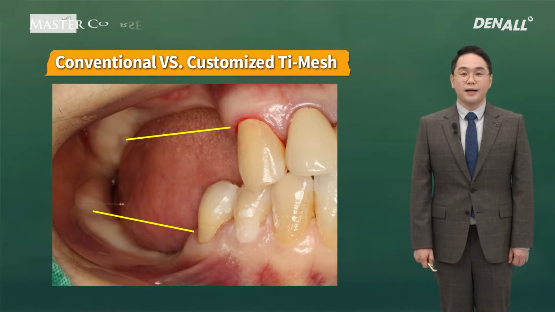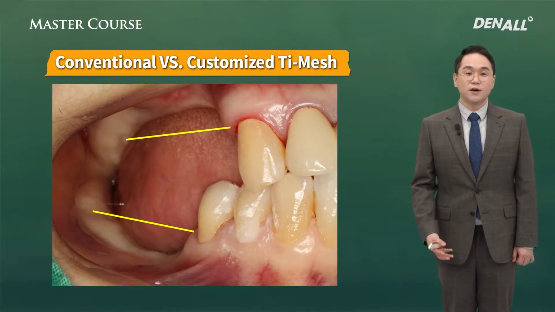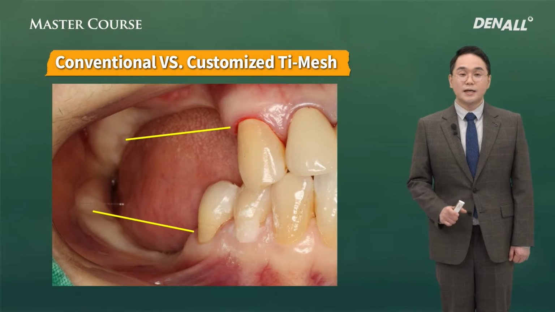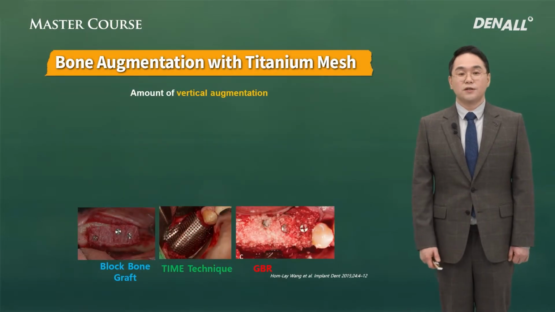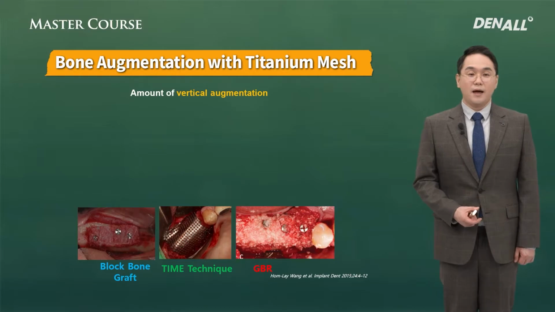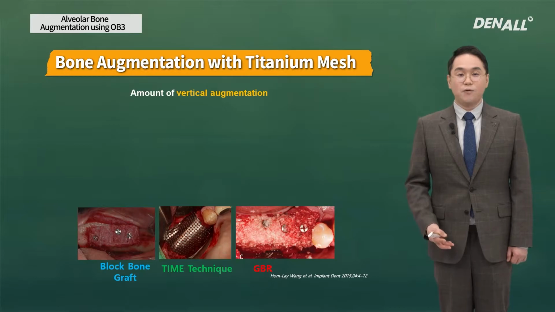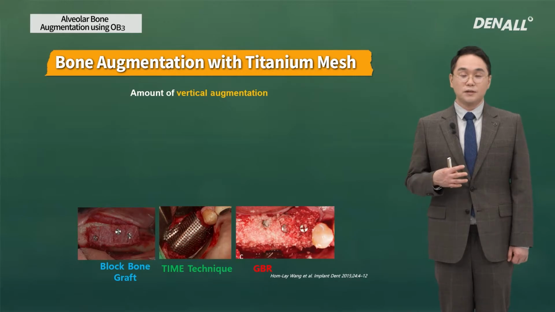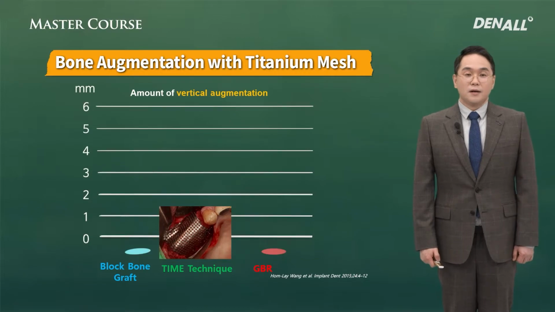When do we need to use a titanium mesh versus general GBR using a general membrane? For vertical bone augmentation, it depends on the volume of the vertical bone defect. According to many studies, block bone graft versus titanium mesh technique versus GBR using particle bone material and membrane, depending on those, the amount of vertical bone regeneration can differ.